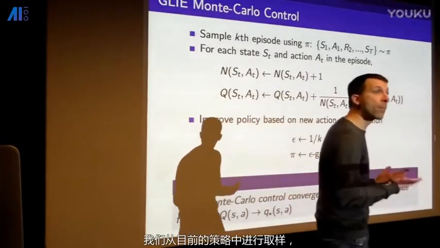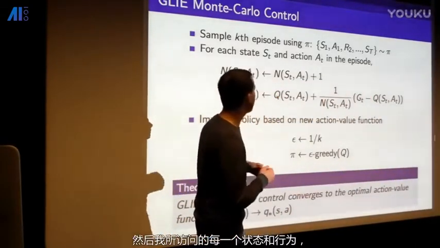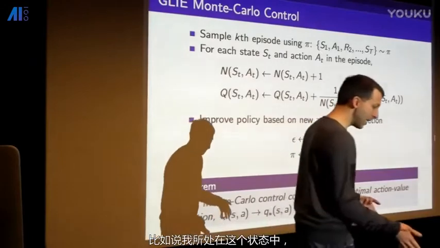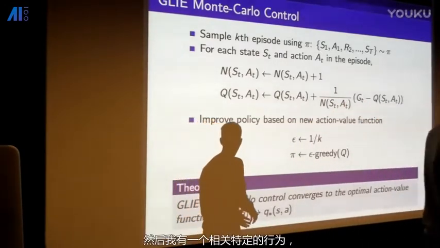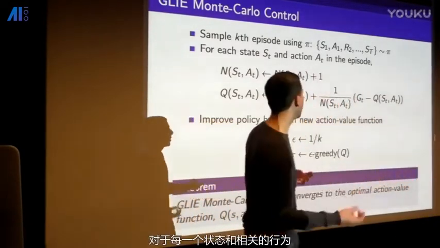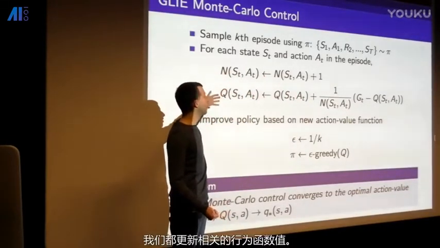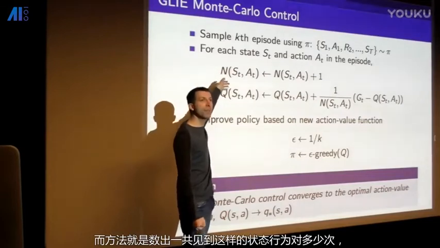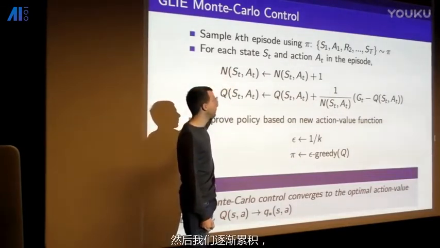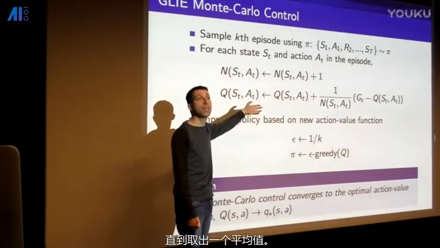We sample that from our current policy, pi, and then for each state and action that I visited, we update our action value. The way that we do that is by counting how many times we've seen that state-action pair and doing an incremental update to the mean.